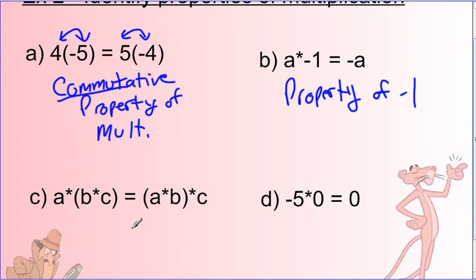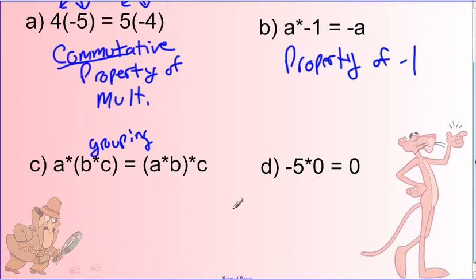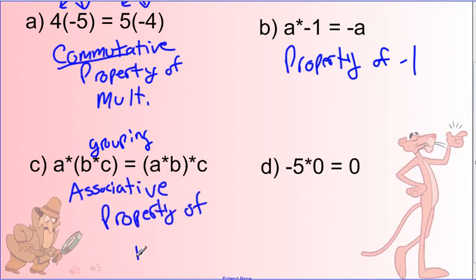Okay? Letter C. Now we're changing the grouping. Do you remember what the grouping property was also called? It's called the associative property. Now, you can remember that.